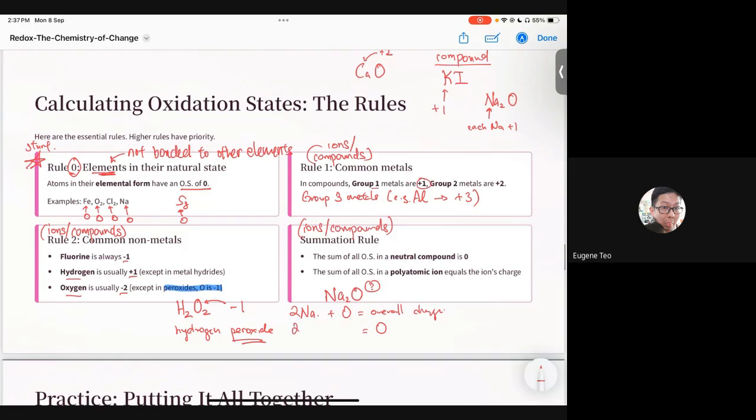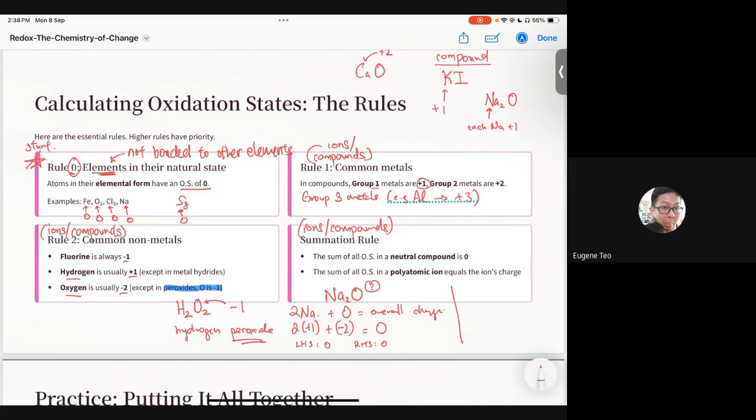So I know that is 2 times +1. Oxygen in compounds is normally -2. So my left-hand side is 0, which is also the same as my right-hand side. So the summation rule actually helps you to do some calculation.